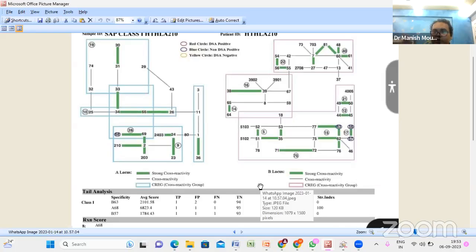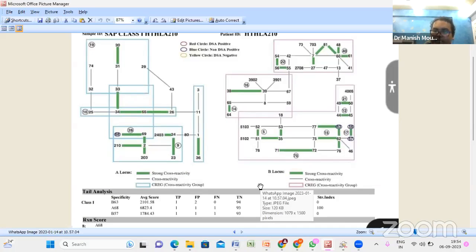Now the software interprets: if both beads are positive, then A1 is positive. But if B1 is positive and the second bead doesn't have B1, that means A1 cannot be positive, B1 is positive. So the software gives a differential combination-based interpretation.